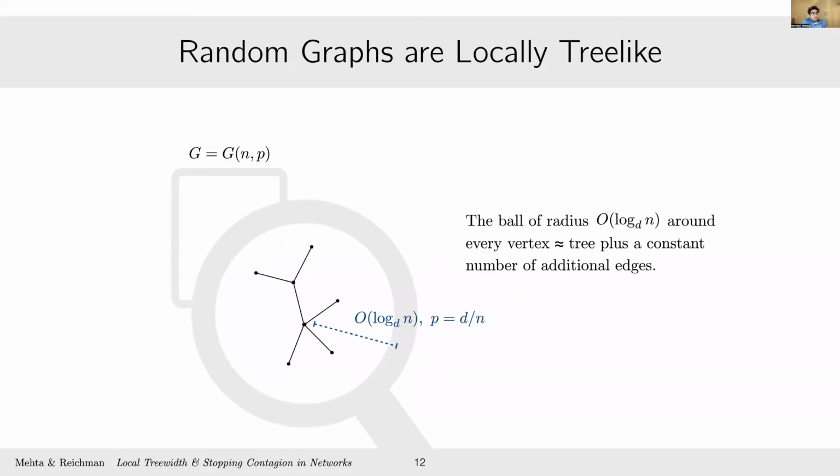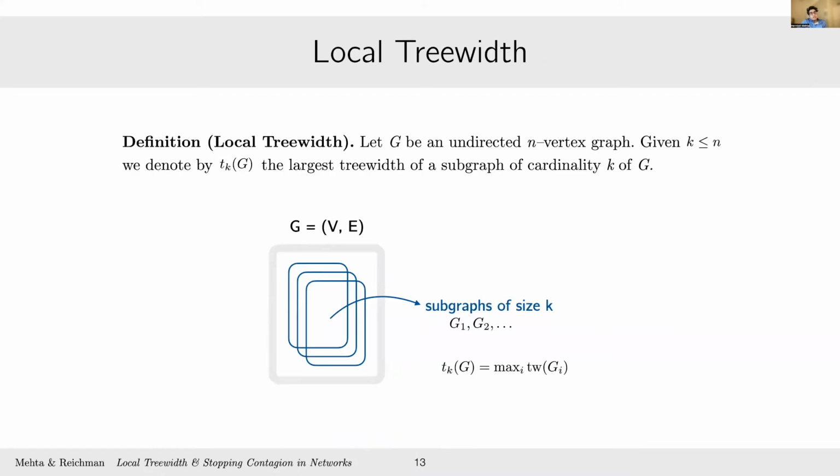But on the other hand, there's this other observation that despite having high global treewidth, locally the random graphs are pretty simple. They're almost tree-like with high probability. To make this a little bit more concrete, you can say a ball of radius O of log base d of n around every vertex is roughly a tree plus a constant number of edges. And so this observation motivates our definition of local treewidth.